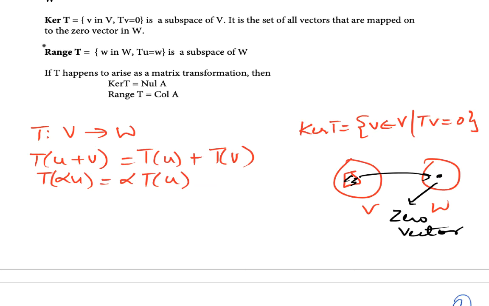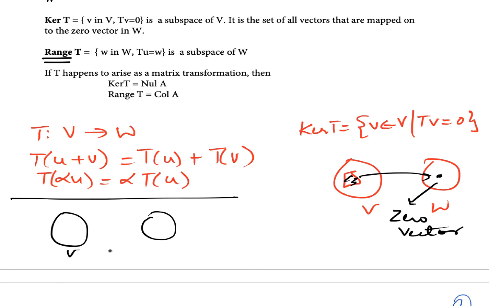Now, we have the range of T. The range of T is a subspace of W, which simply means, suppose I have two vector spaces, V and W. I have some elements, say in this little triangle. This is the range of T, where every element of V goes to this one.